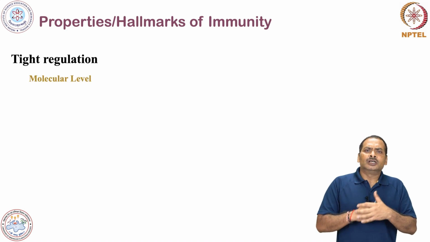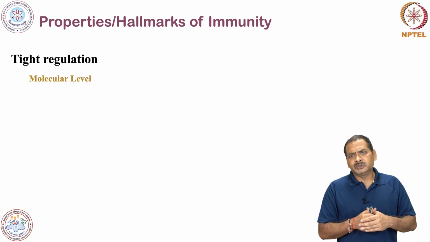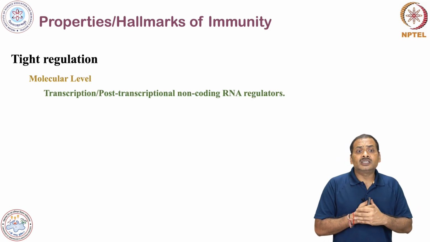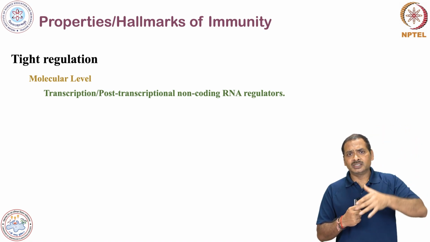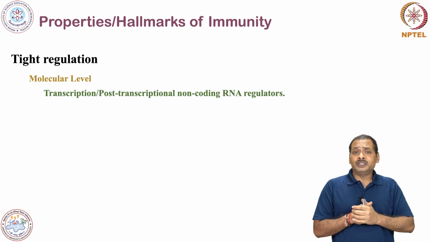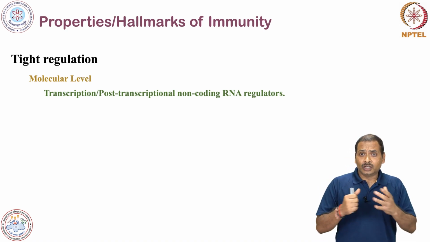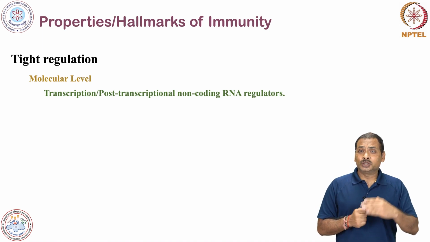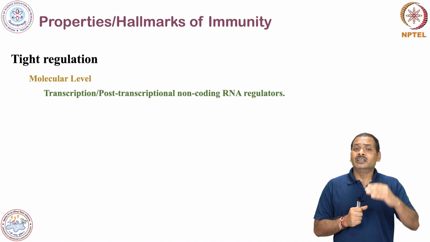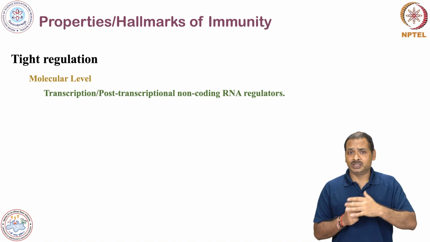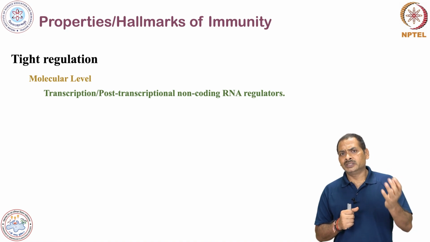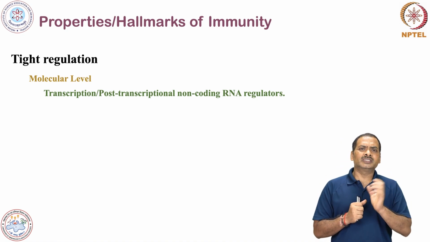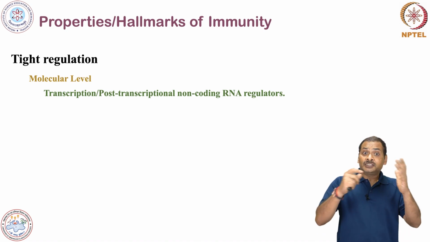One could be the molecular level, and when I say molecular level, it could be the transcription level. From DNA to RNA, this process we call transcription. You might be aware that only about 2% of the genome is expressing coding protein, meaning those transcripts make a protein.